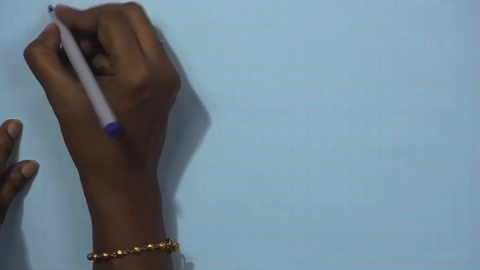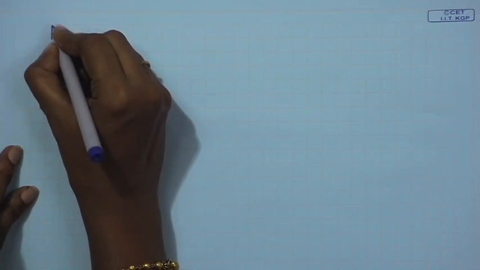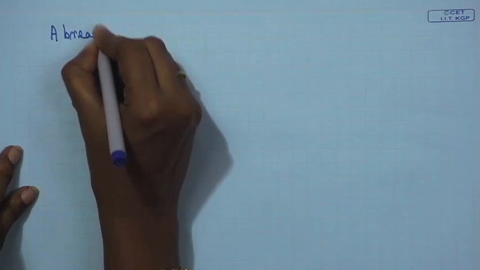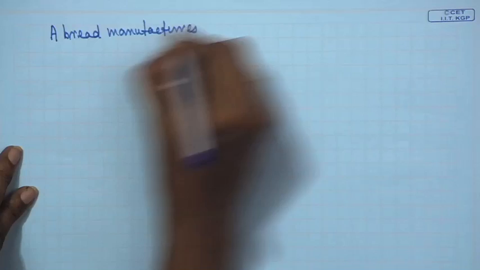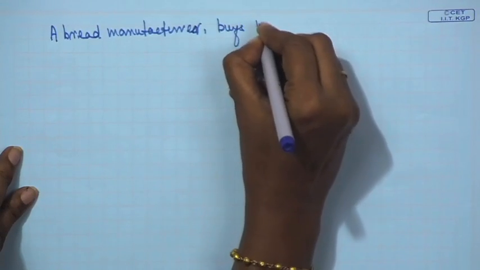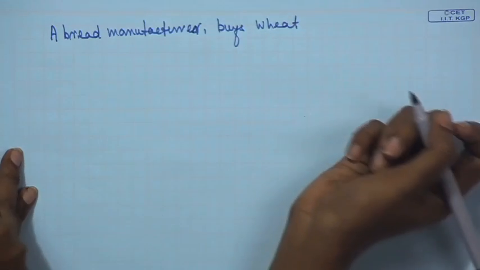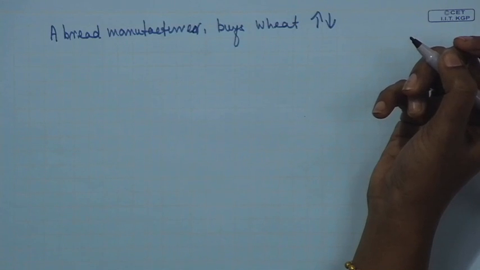Now let's go back to the payoff for the long call and short call options. Let's say a bread manufacturer buys wheat, and it fears that the wheat price may go up or go down, or may exhibit high volatility.